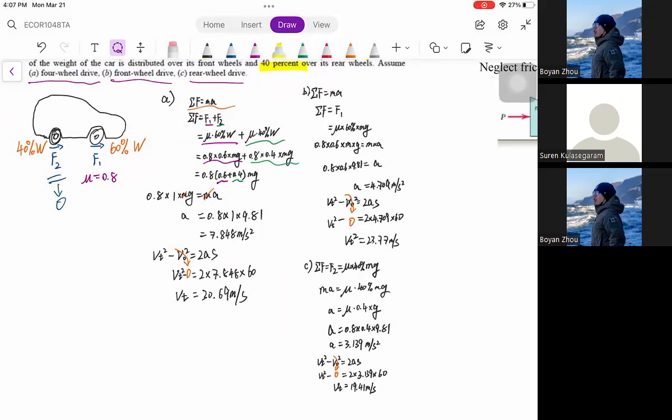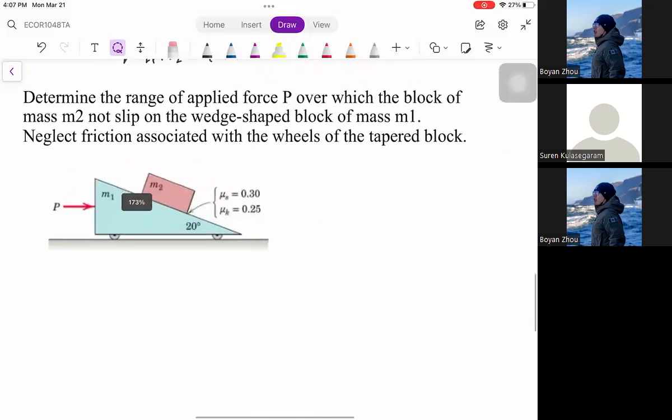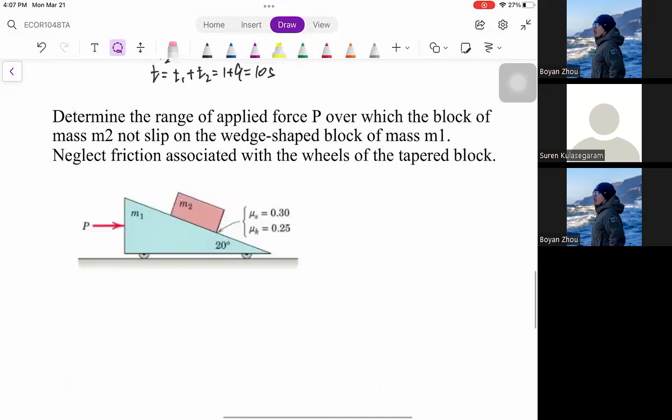So let's go to the last one. This one is going to be the most complicated one. We have two blocks here, M1 and M2. We're going to determine the range of the force P. Force P is going to have a minimum value and a maximum value.